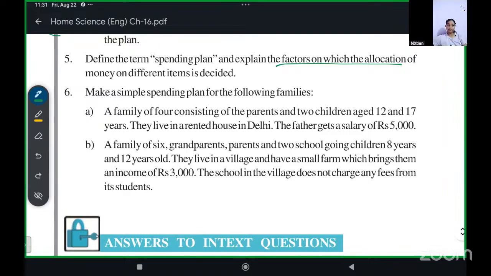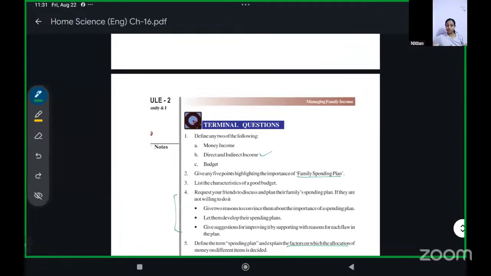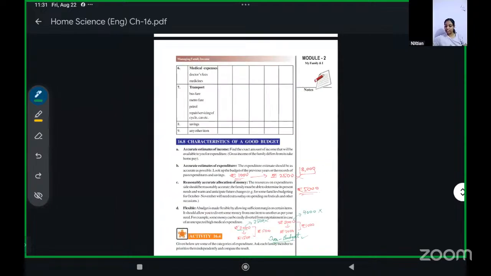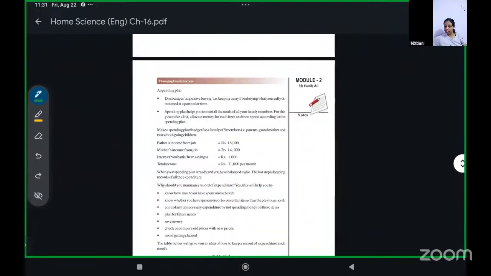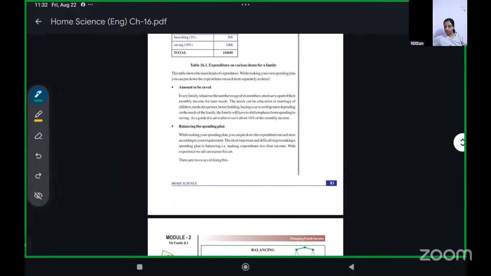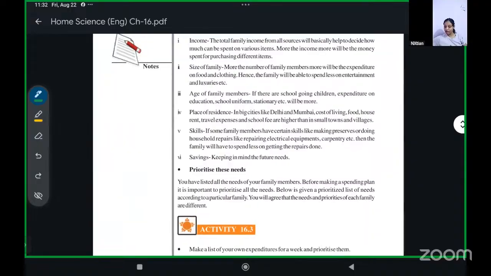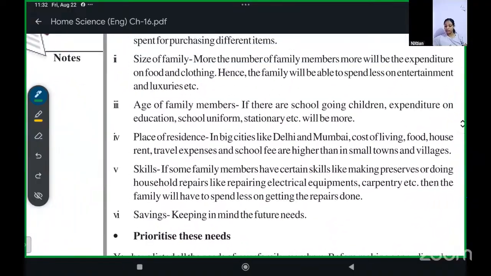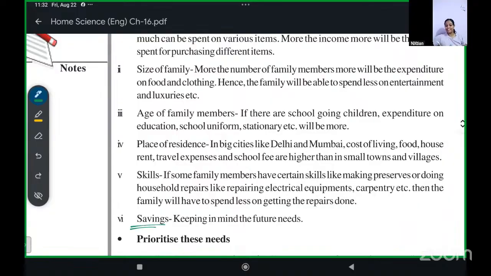Skills, their skills, okay. Savings is there, keeping in mind the future needs.